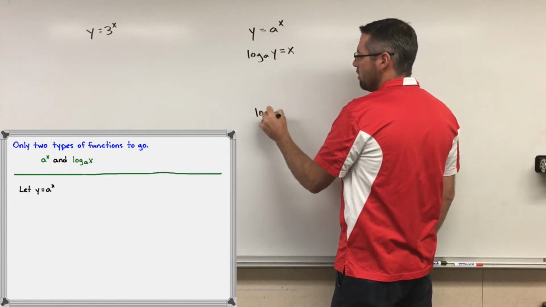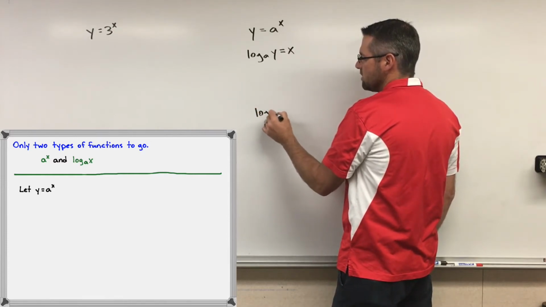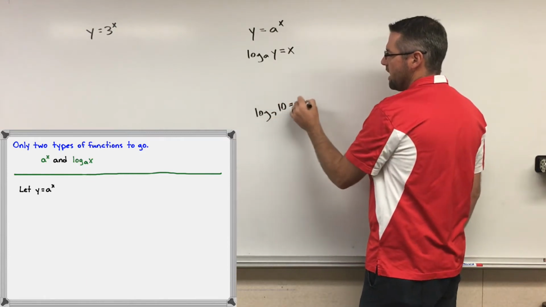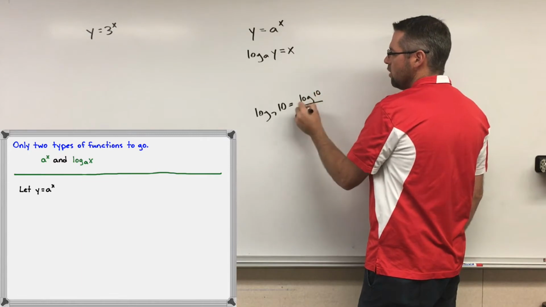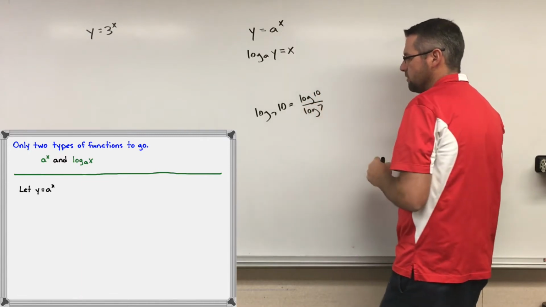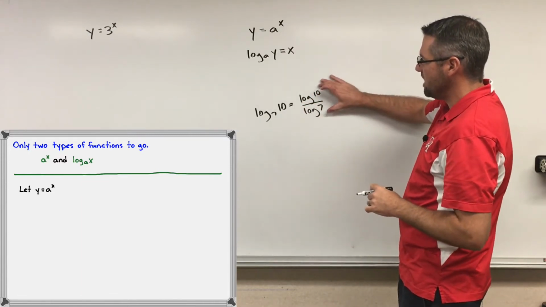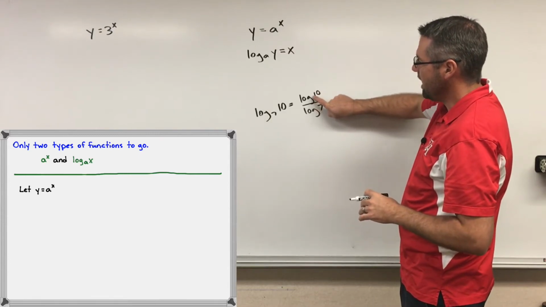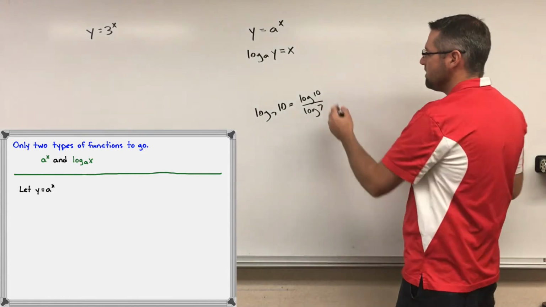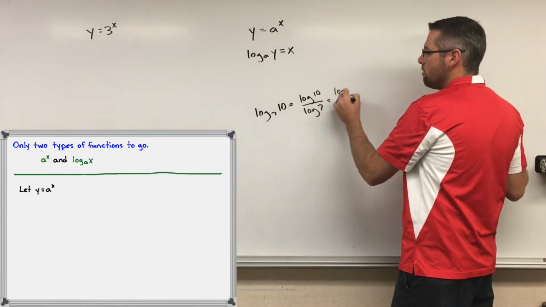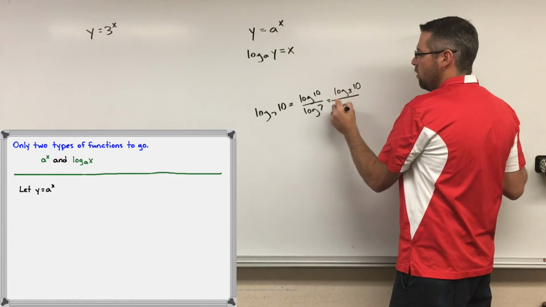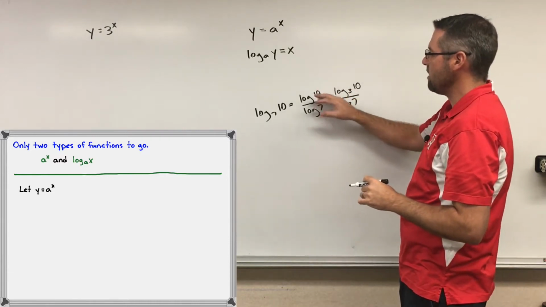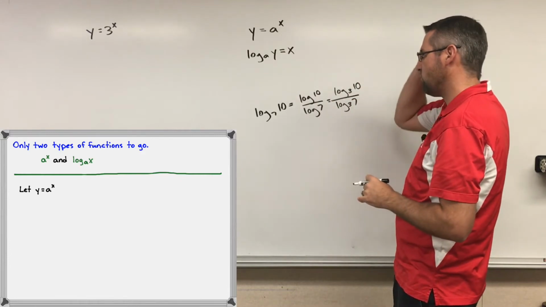If I have a log with whatever base, let's say log base 7 of 10, I can rewrite that as log of 10 over log of 7. When we do the change of base, it doesn't matter which base we put in here. The way I wrote it here, it has an implied base of 10. But this is also equivalent to log base 3 of 10 over log base 3 of 7. As long as the bases are the same, we can rewrite it using the change of base formula.